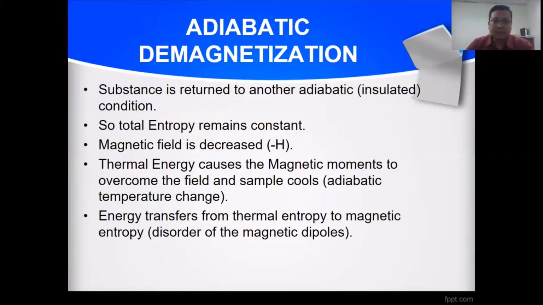And then the other process is adiabatic demagnetization. After the cycle has occurred, we try to change the high temperature back to low by releasing the magnetic field from the container.